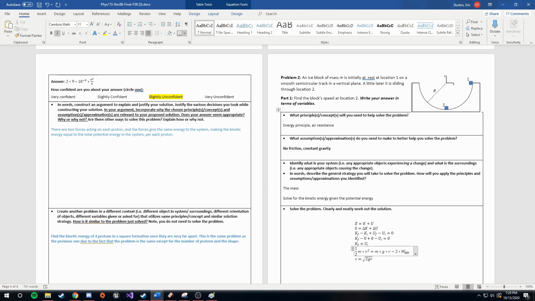Oh, sorry, no, there is. Well, what does it ask for? The block's speed. Technically, the speed would be different if we account for air resistance.